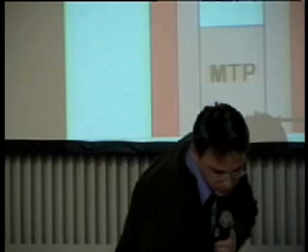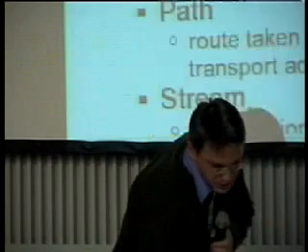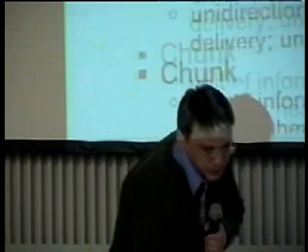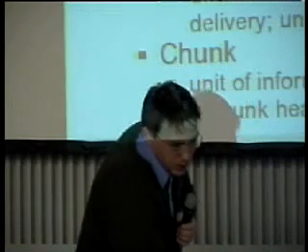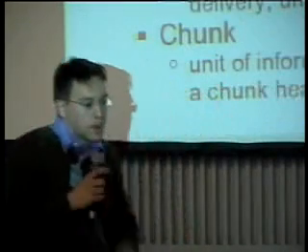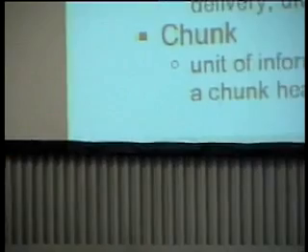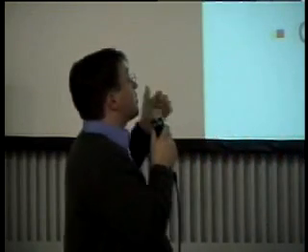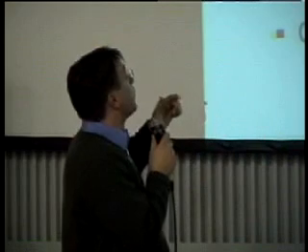Okay, there are a number of other application scenarios which I really do not want to go into right now. I'm just going to give you a few details about the terminology which I will use here. First off, a transport address, and this is probably nothing new to you.